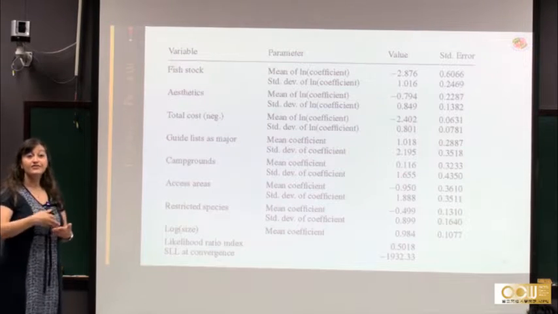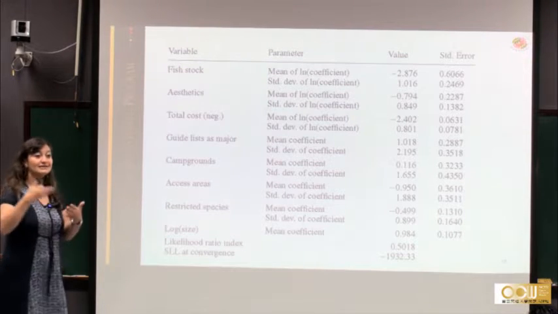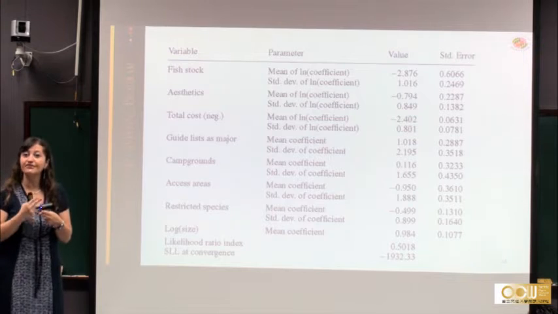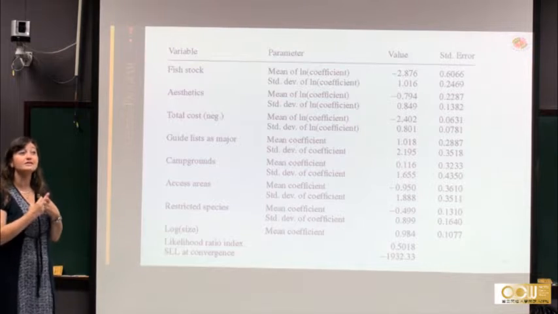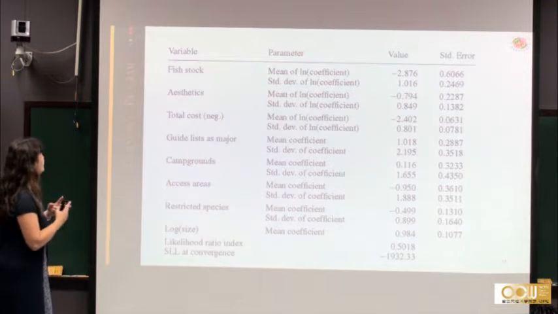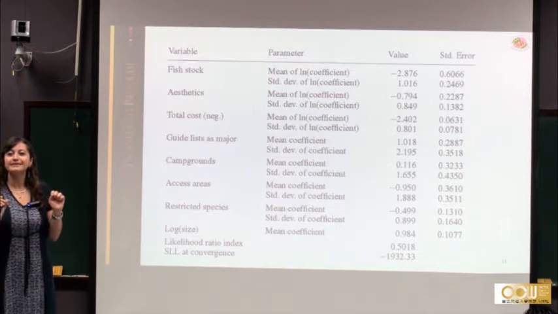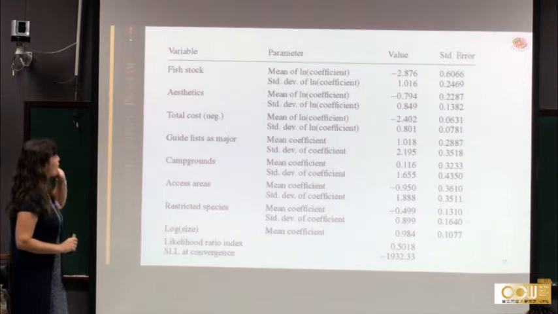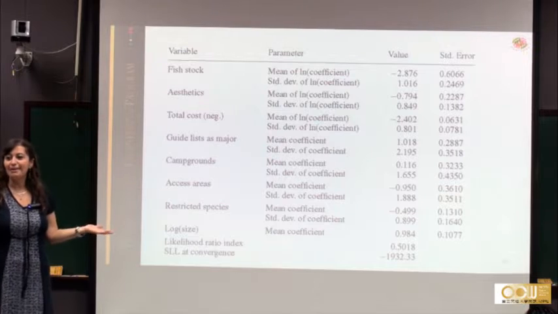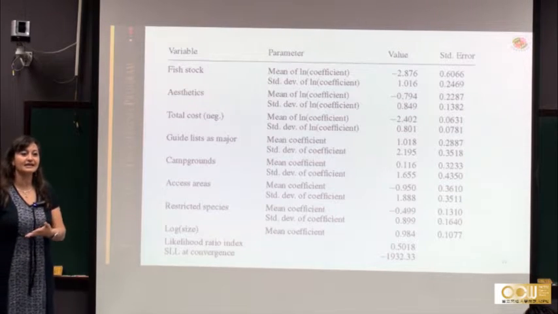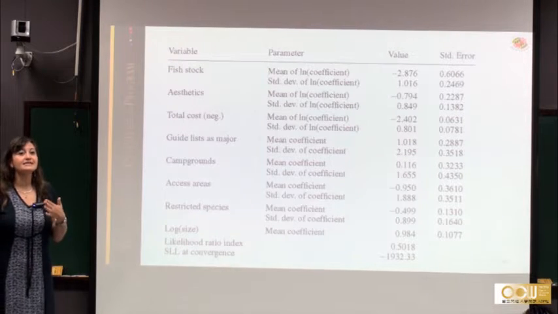And aesthetics, if this site is good looking, then you are attracted by this site. So you expect only positive values from the distribution of fish stock and from the distribution of the aesthetics, right? Is this clear? Yes. While you expect just a negative value from cost. That's what I was saying for 3 days, right? Cost is negative, and we expect that this distribution only delivers negative values.